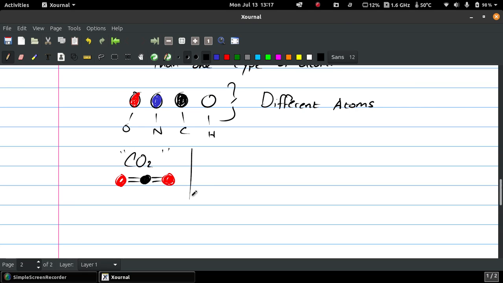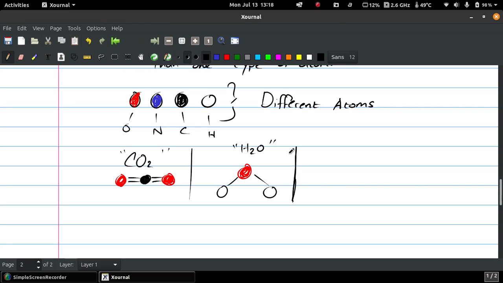Say I wanted H2O. We would have one of these, and you're starting to see how a compound is more than one type of atom joined together.